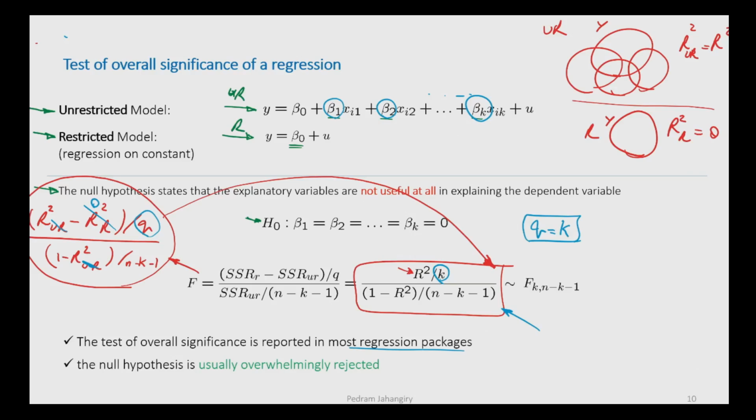Whenever it has something to do with intuition, I want you to be on top of that. Do you remember the equation for the variance of beta hat j? Even though it's reported, I want you to learn that equation. The same story here. Even though this F is reported in the output table, I want you to be aware of the relationship between F, SSR, and R squared. Okay. The null hypothesis is, again, usually overwhelmingly rejected.